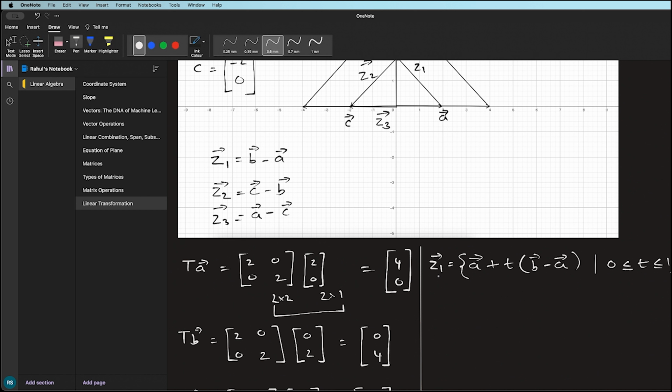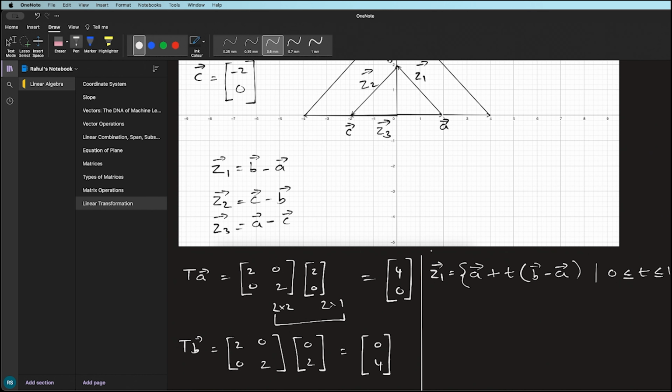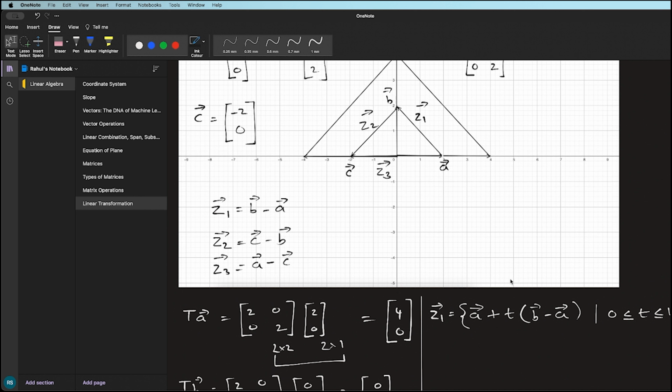In that case, z1 equals a. So this is the first point, that is vector a. Now if t is 1, in that case vector a plus (vector b minus a) gives vector b.